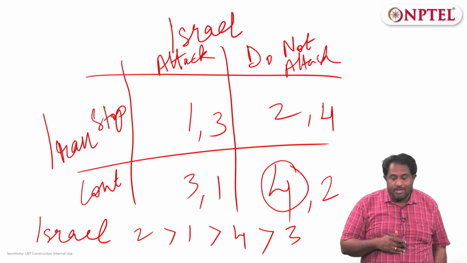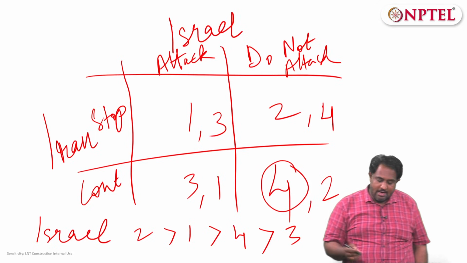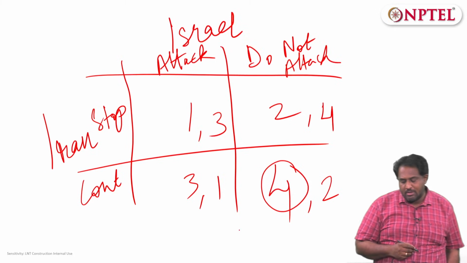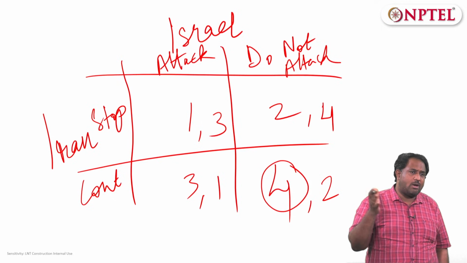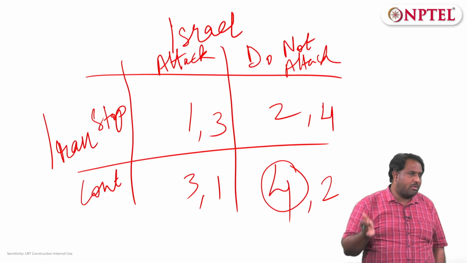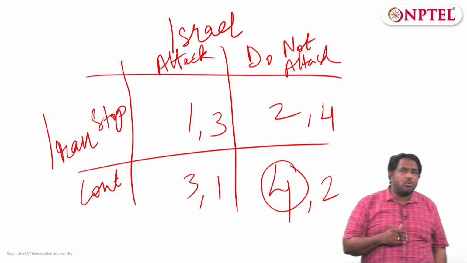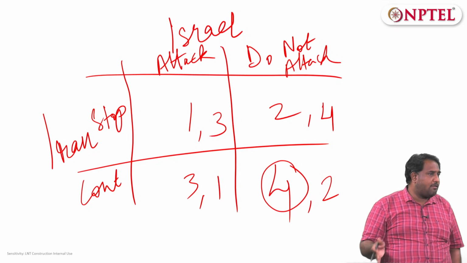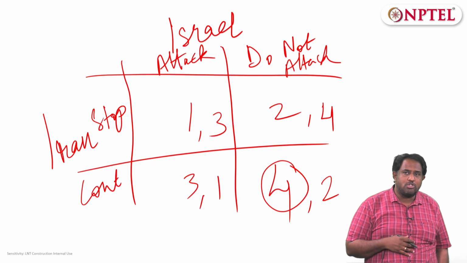So when you define the game in this manner, now having assigned a set of cardinal weights, right? Now it's no longer about preference rankings but assigning actual weights, right? Now what we have done is basically assign the proper weight to a particular choice. So if Iran decides to continue their nuclear weapons program and it doesn't get attacked, it has a weightage of 4, which in terms of the weight itself reflects the particular choice.